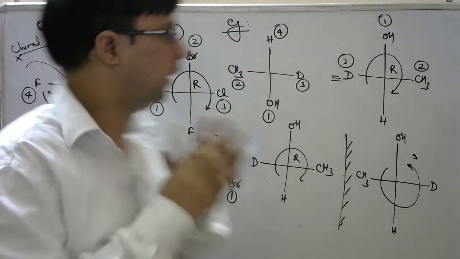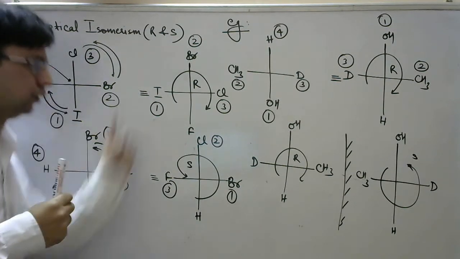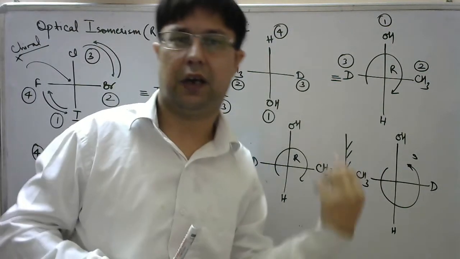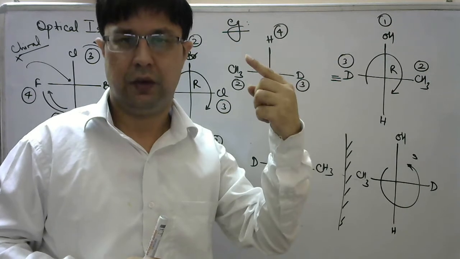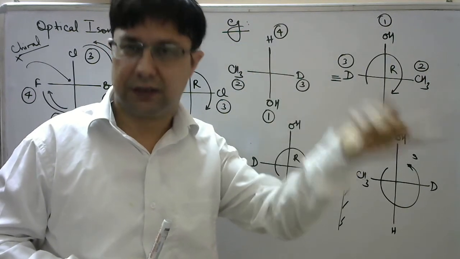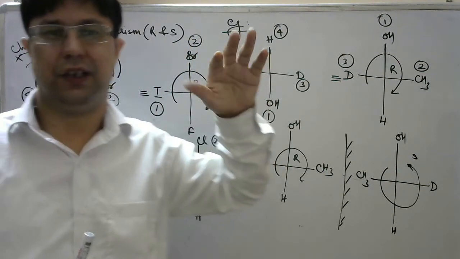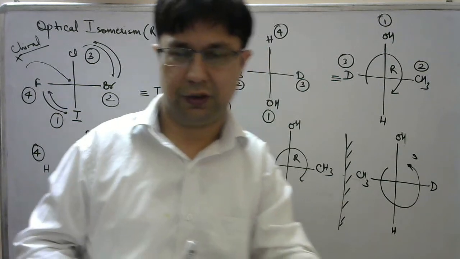The last step: if our eyes move in the clockwise direction from highest to second to third highest, we assign it as R configuration. Otherwise, if it is anti-clockwise, we assign it as S configuration.